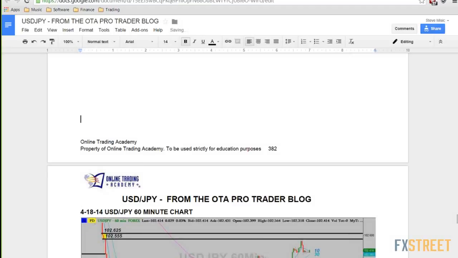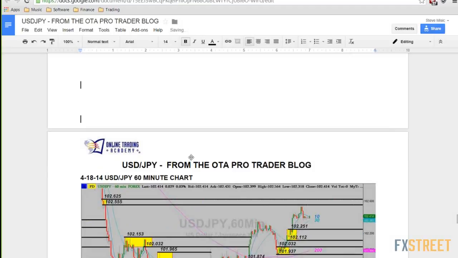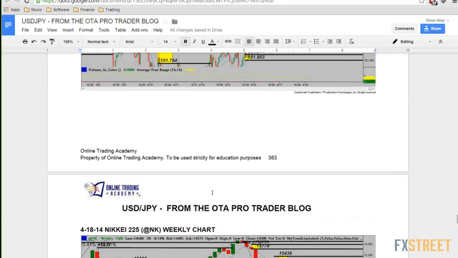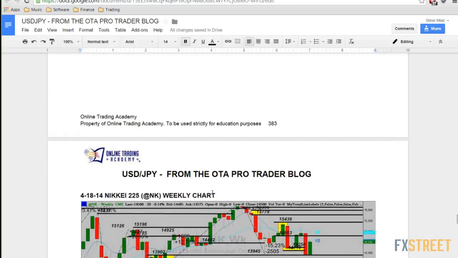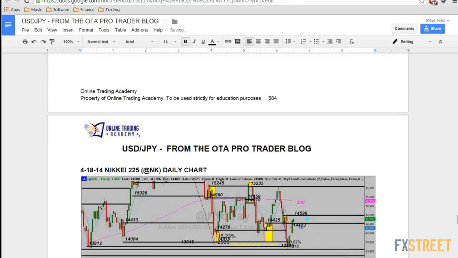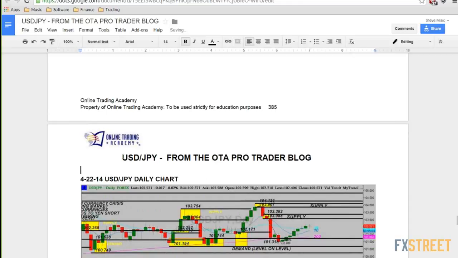And on the 18th, we are hitting a supply level for the dollar at 102.55. The Nikkei is still rallying back towards the supply level on the 18th. Nikkei is trying to push through the daily supply level on the 18th. The dollar is still pushing higher, very slowly though, slow rallies.